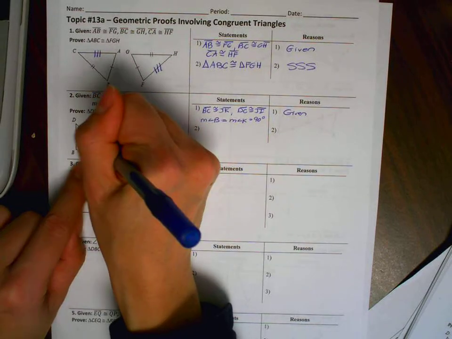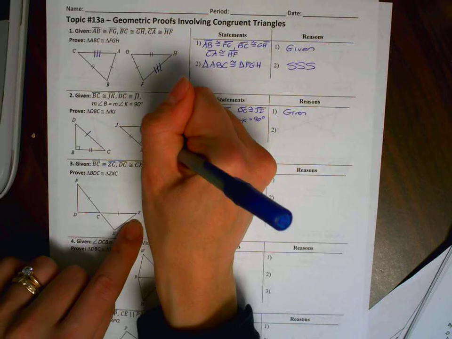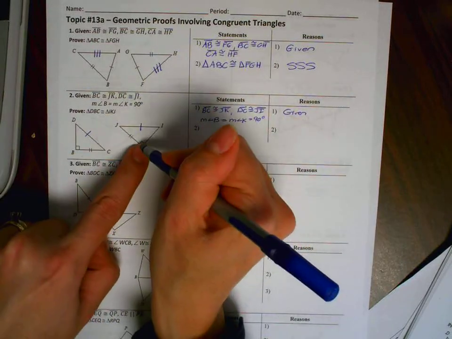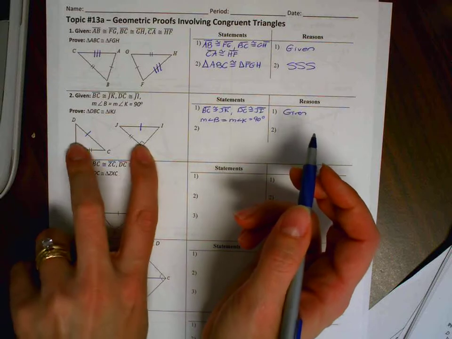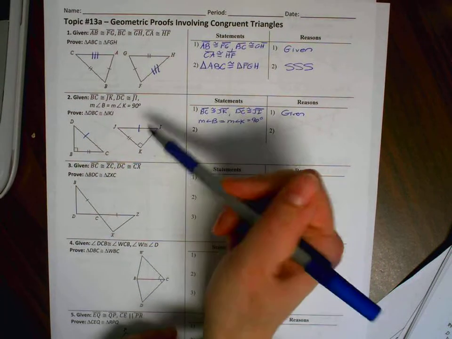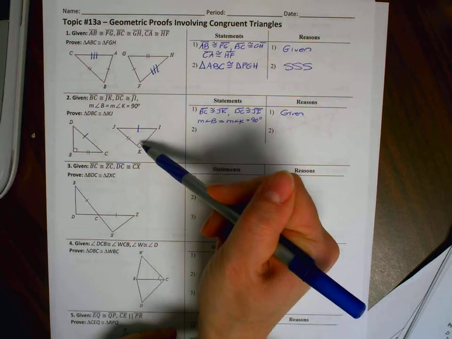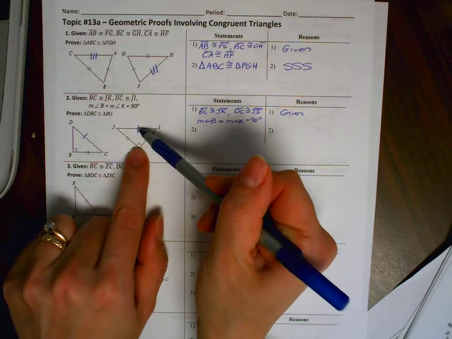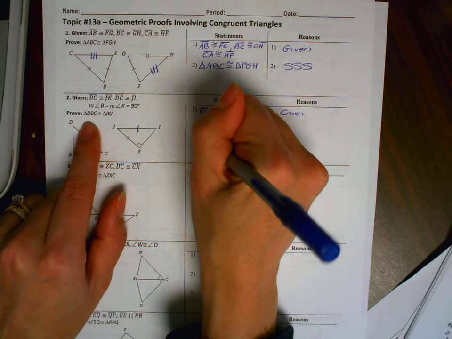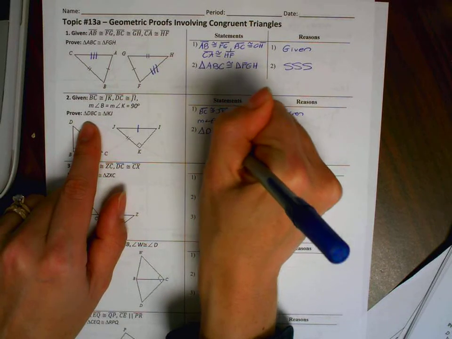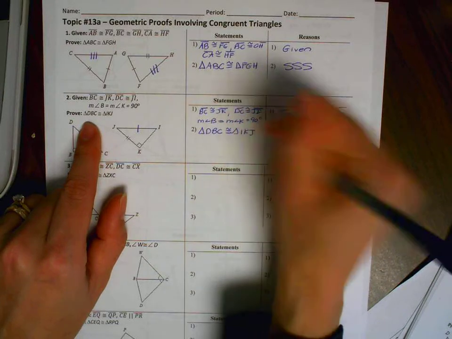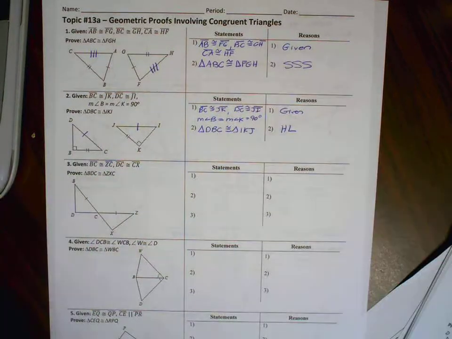DC congruent to JI has not been marked, so we're going to mark it. And angle B is congruent to angle K because they're 90 degrees, they're right angles, they're marked. On this one, I have a right triangle, I have hypotenuse and a leg. So I can prove these congruent by hypotenuse leg. Triangle DBC is congruent to triangle IKJ, and the reason is hypotenuse leg.